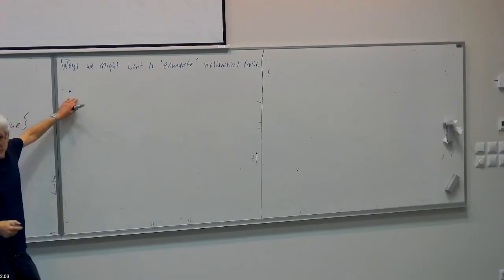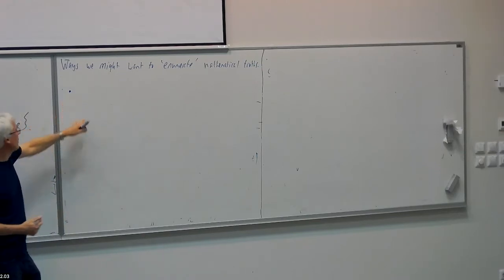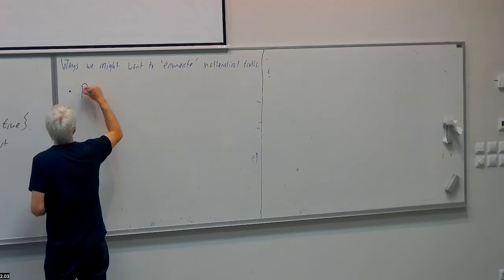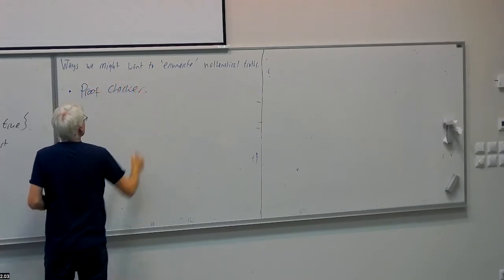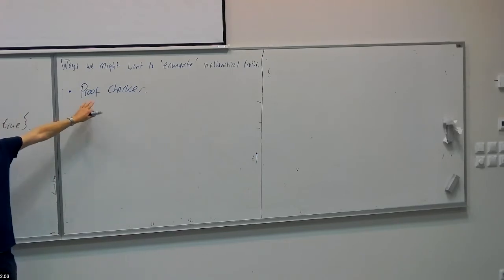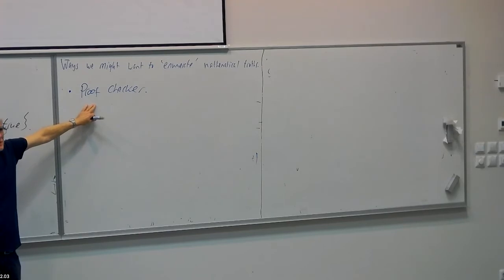So one is something which we'll call a proof checker. In a sense, this is the way that the standard mathematician operates, but it's now getting to the stage that it's being automated on a computer.